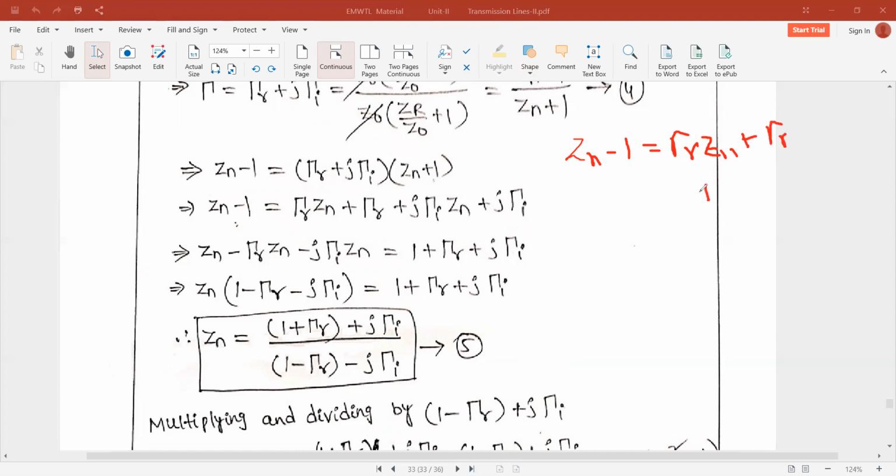Then you can multiply with the imaginary coefficient, gamma I into Zn plus j into gamma I. Okay.